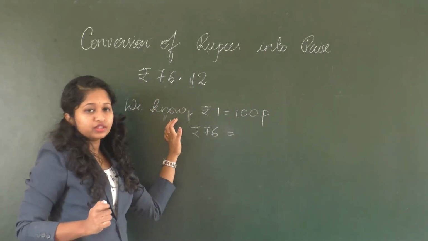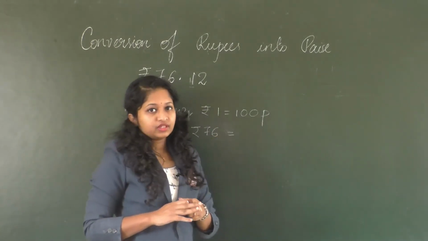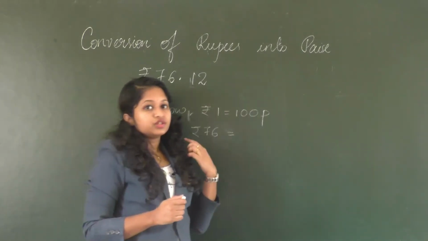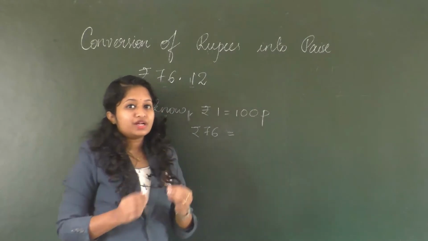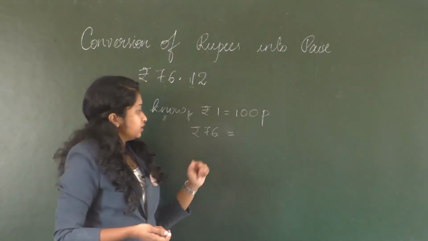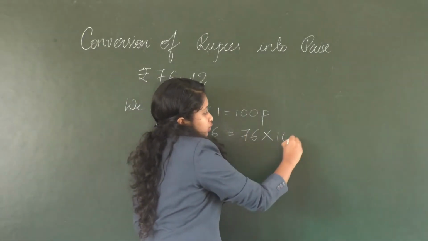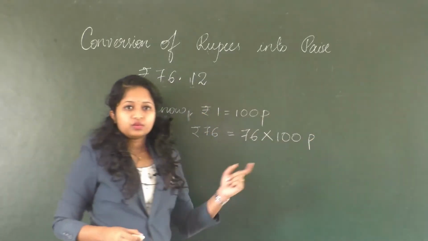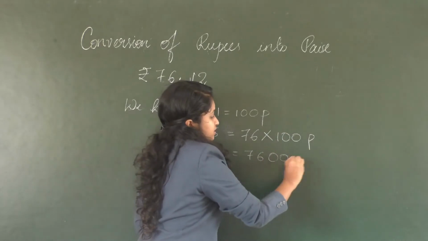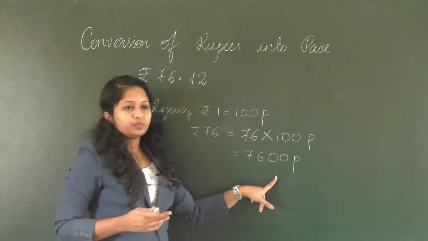We already know that 1 rupee is equal to 100 paise. So what will be 76 rupees? 76 rupees you should multiply by 100 to convert this to paise. So rupees 76 will be 76 into 100 paise. What is this? This is 7600 paise. Now we converted rupees to paise.